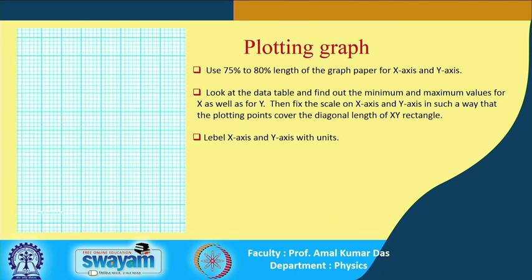So, I have shown one graph paper here. You are quite familiar, but nowadays we are using computers; there are very good graphics to plot graphs. But this manual plotting is important to learn. To learn that is very important.